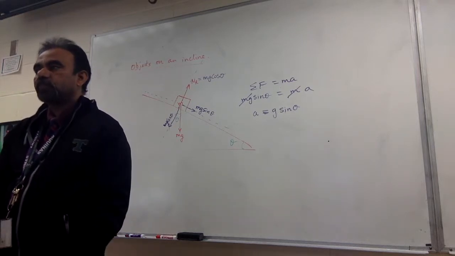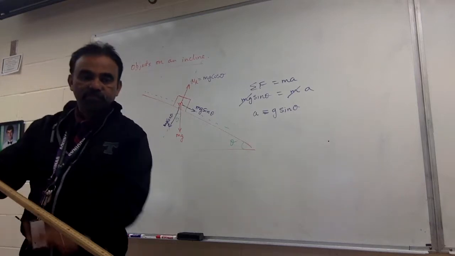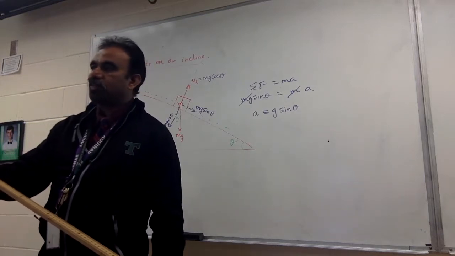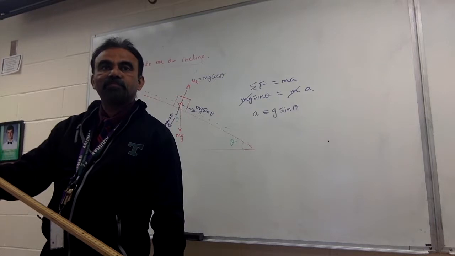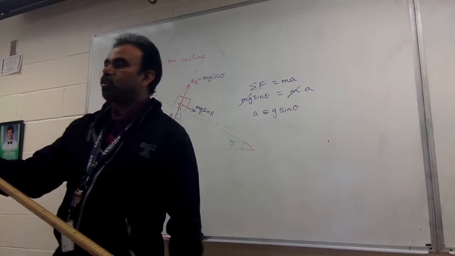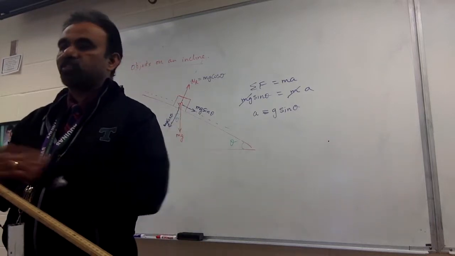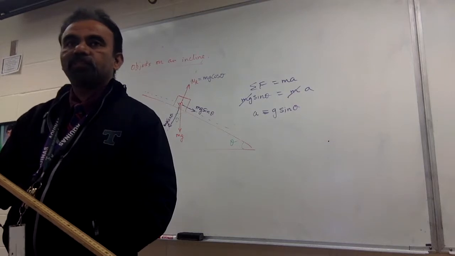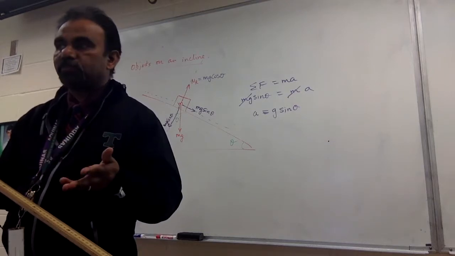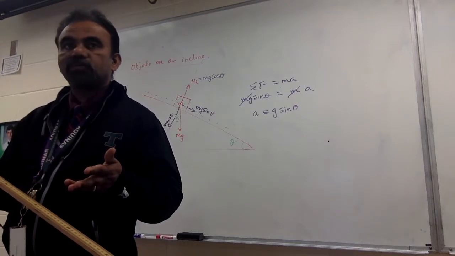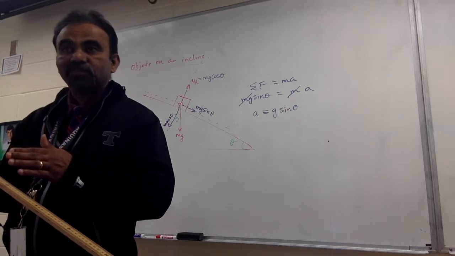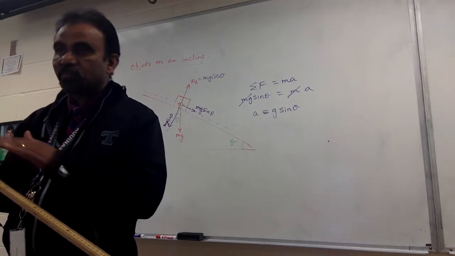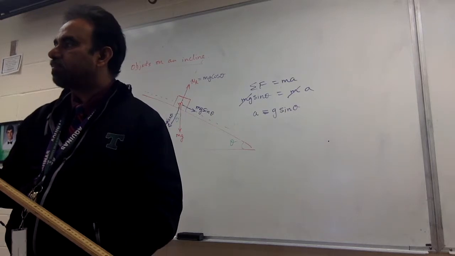Okay. Like for example, you have a road that is downward sloped like this. If you have a road that is downward sloped, you sit on your bicycle here and just take off. Do you have to really pedal? No. The bicycle goes by itself. What's the acceleration? G sine theta.